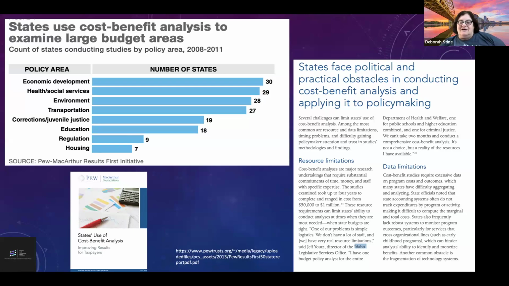But it is challenging, and the biggest challenges states face in doing this are resource limitations and data limitations. The resource limitations are, does the state agency have economists on its staff that can do benefit cost analysis? Some do, some don't. But that's really fundamentally the first issue: people.